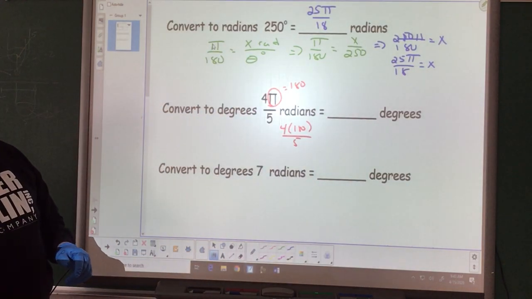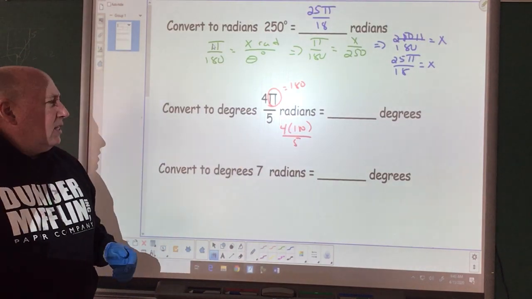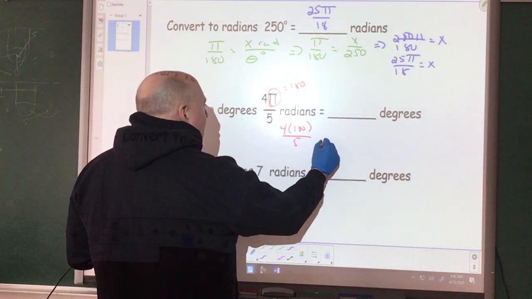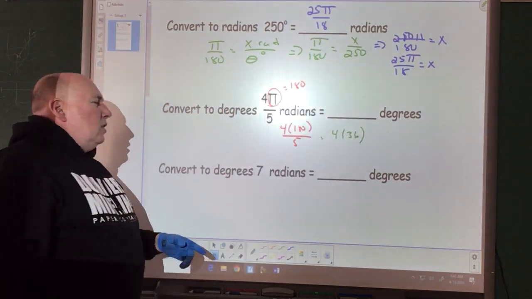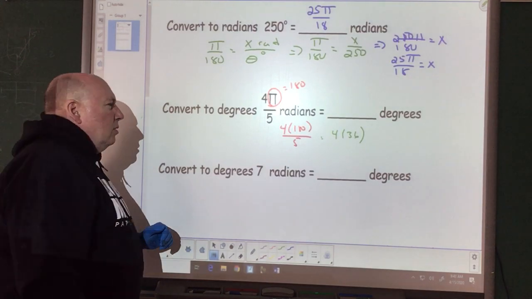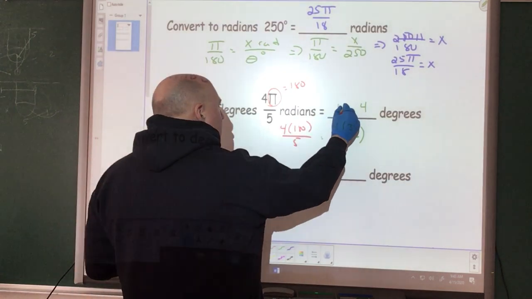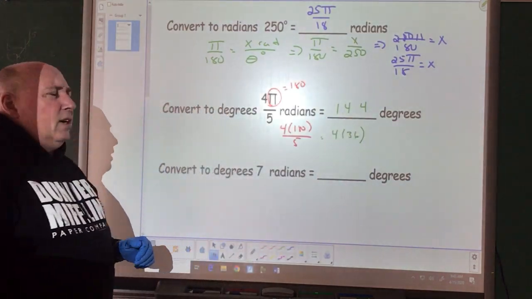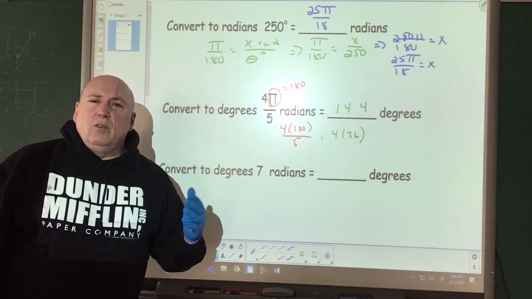We have 4 times 180, so 180 divided by 5 is 36. Then 4 times 36 is 144 degrees.